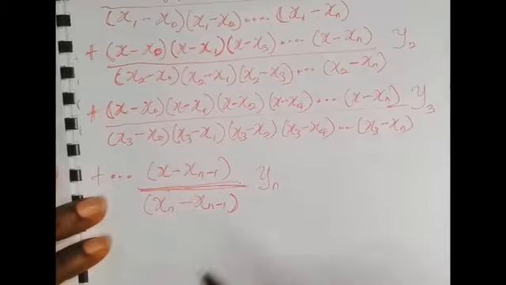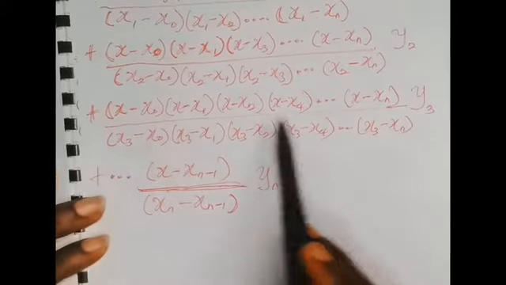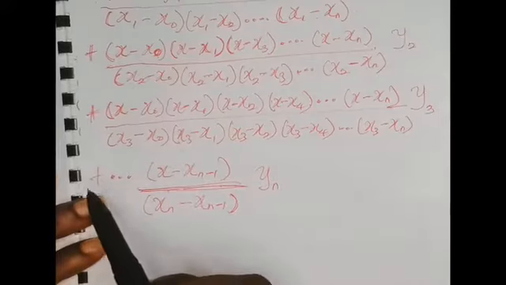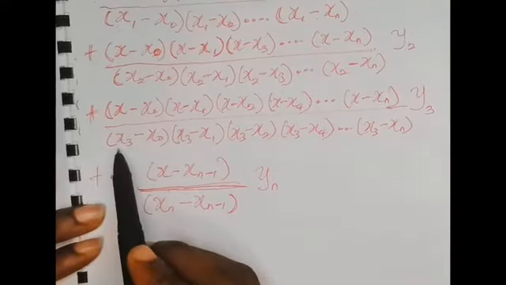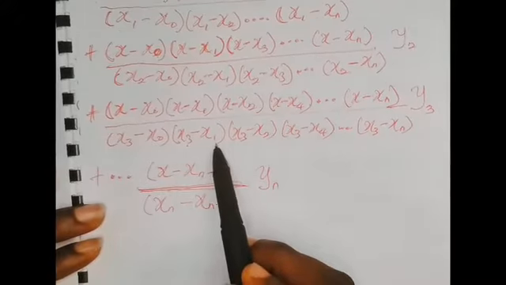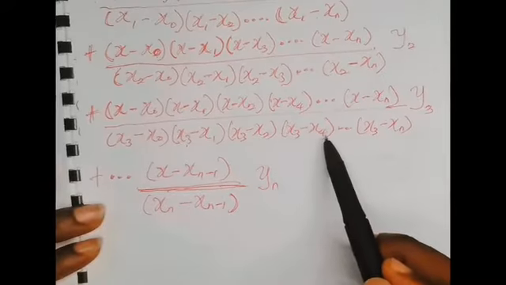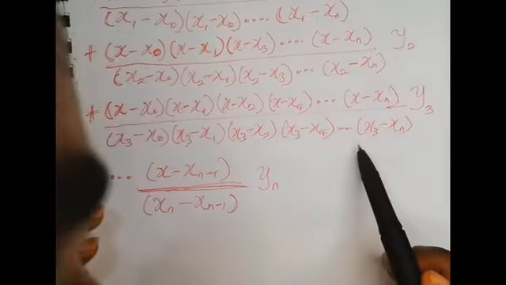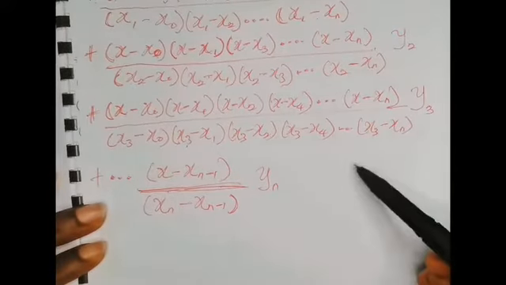times y3. Since we are on column 3, multiply by y3, divide by, now we put in x3 at the denominator. So we have x3 minus x naught times x3 minus x1 times x3 minus x2 times x3 minus x4, okay, times x3 minus up to xn, total number of x we have.